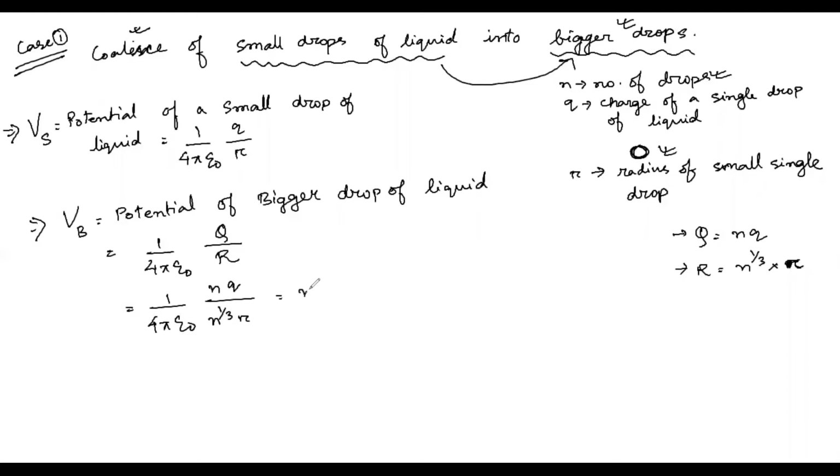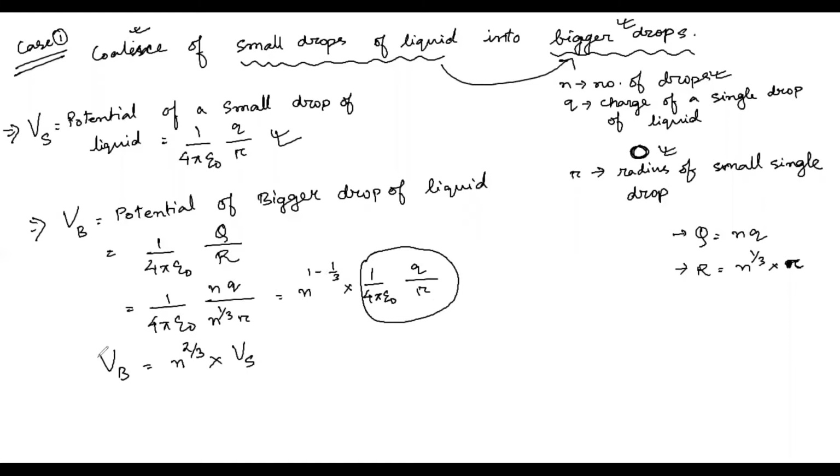When you do the simplification, you get 1 by 4 pi epsilon naught q by small r. Remember, this is the expression of potential of that single small drop, and it is multiplied by a certain factor. When you do the calculation, it turns out to be n to the power 2 by 3 times the potential of the small single drop.